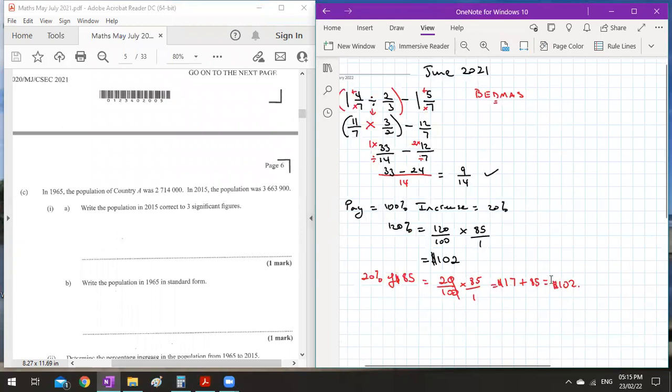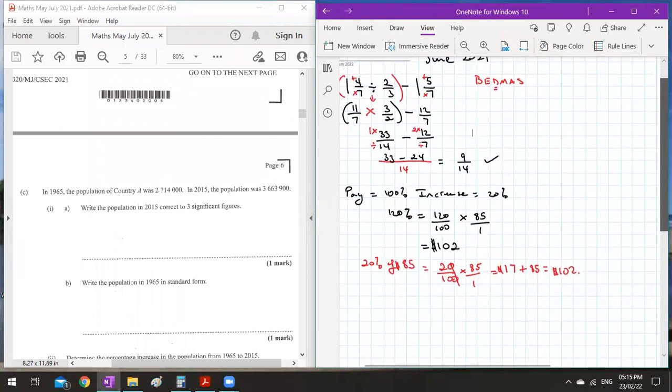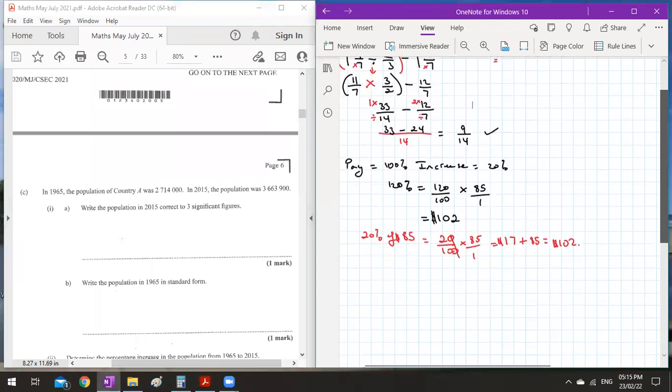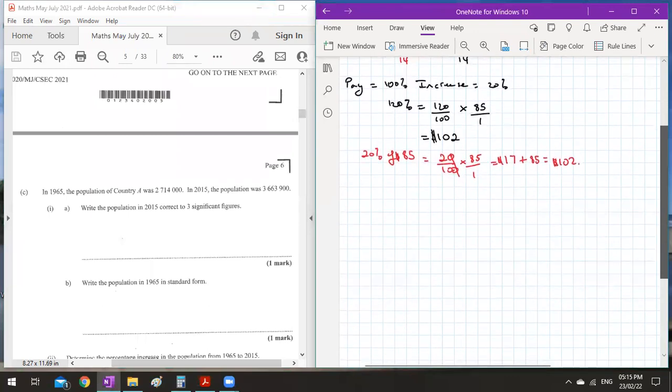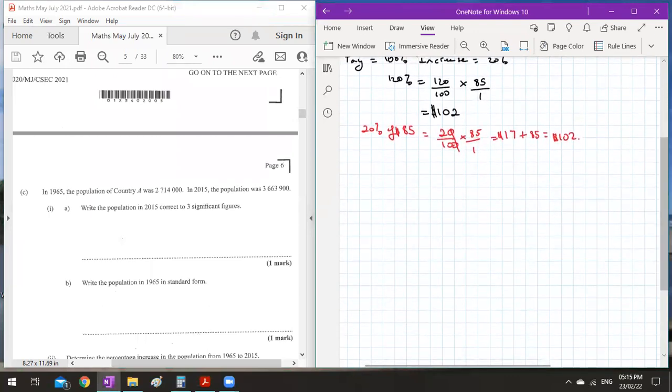Part C. In 1965, the population of a country was 2,714,000. In 2015, the population was 3,663,900. Write the population in 2015 correct to 3 significant figures.